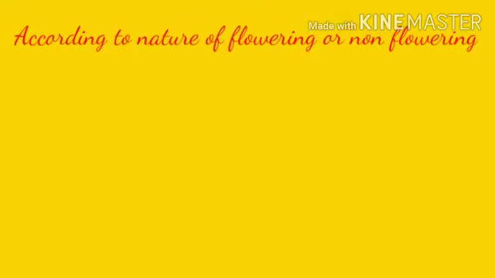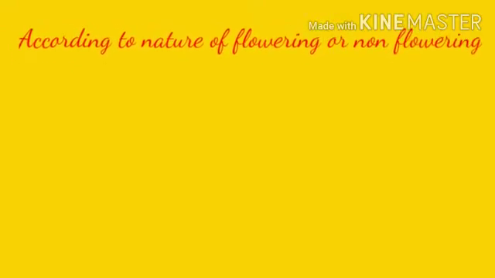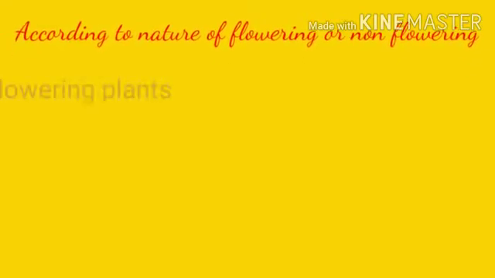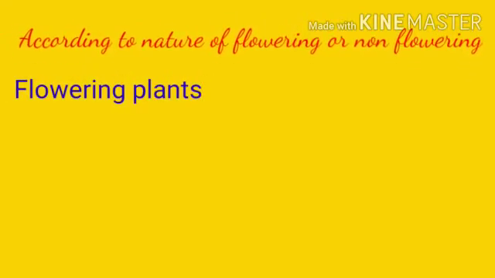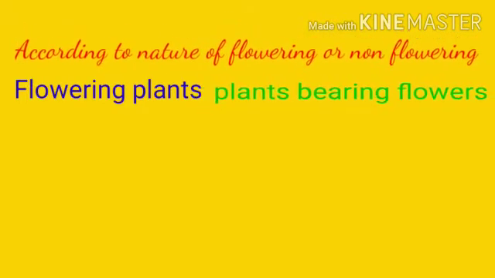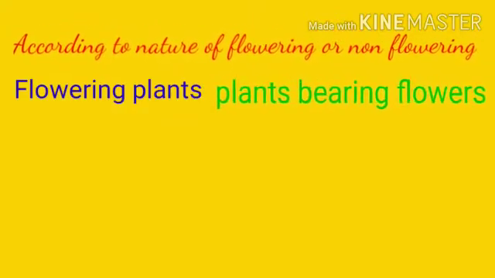According to the nature of flowering, the plants are divided into two types: flowering or non-flowering plants. Plants bearing flowers are called flowering plants.